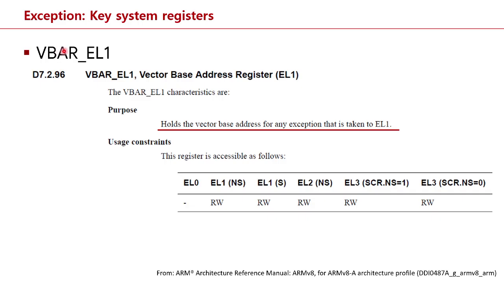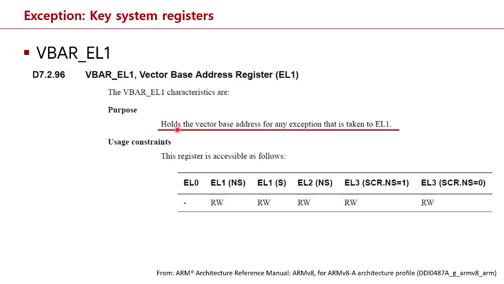First, VBAR_EL1 stands for vector base address register. The VBAR_EL1 register is called the vector base address register, but in practice, we just call it the VBAR_EL1 register. Why is this register used?